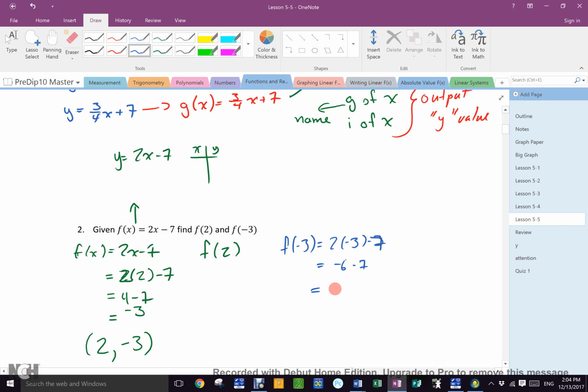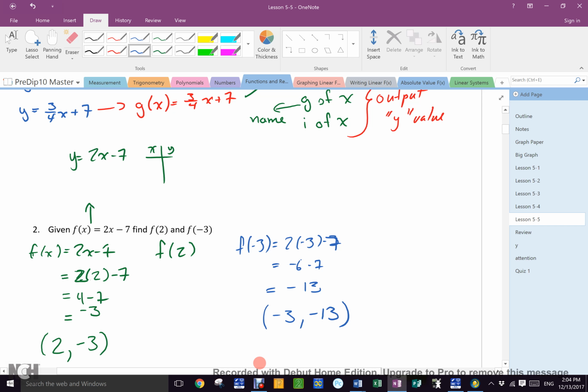Which is negative 13. And what is the ordered pair? Negative 3 and negative 13. Can everybody do that? Do you need to give an ordered pair if it doesn't actually ask for it? No. So that means you all should be able to do this.